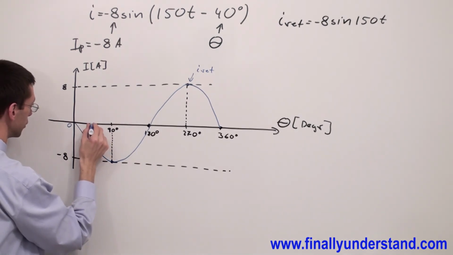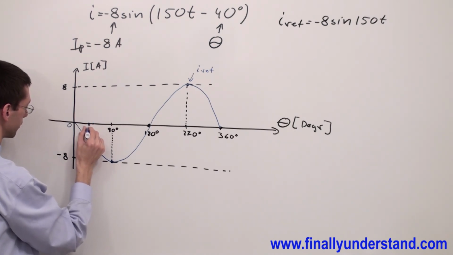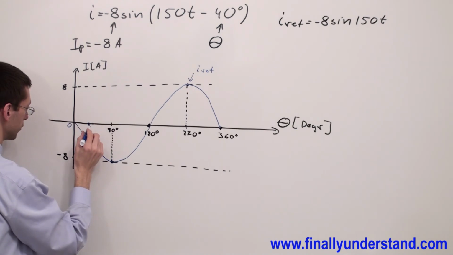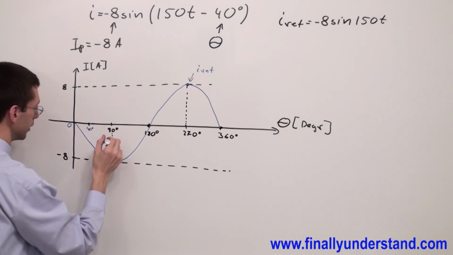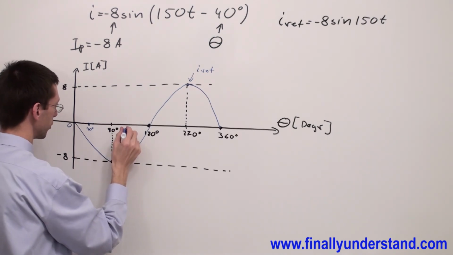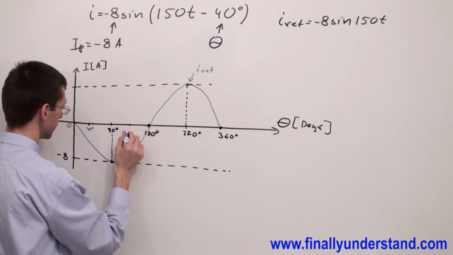So half of 90 is 45, so my 40, for example, is going to be here. So it means I'm going to have 40 degrees over here. 90 plus 40 gives me 130 degrees.